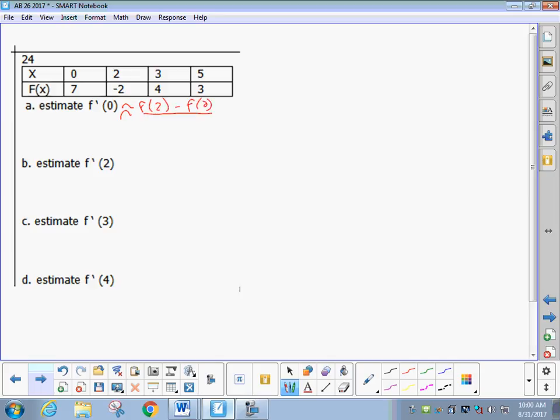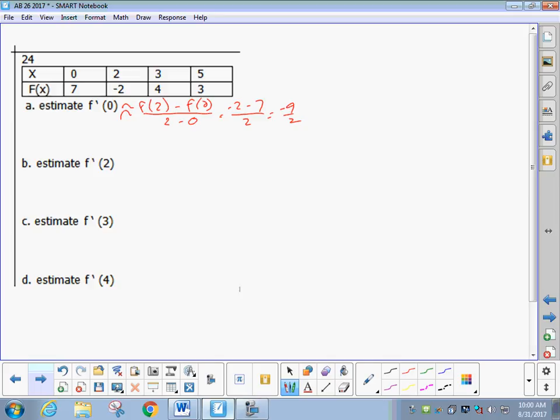Show the background of what you're doing before you go to the table. Then go to the table. It would be something like -2 minus 7 over 2, -9/2. Again, when you do slope, it doesn't matter if you do y1 minus y2 or y2 minus y1, as long as you do the same thing at the bottom. Okay? It should always come out the same.